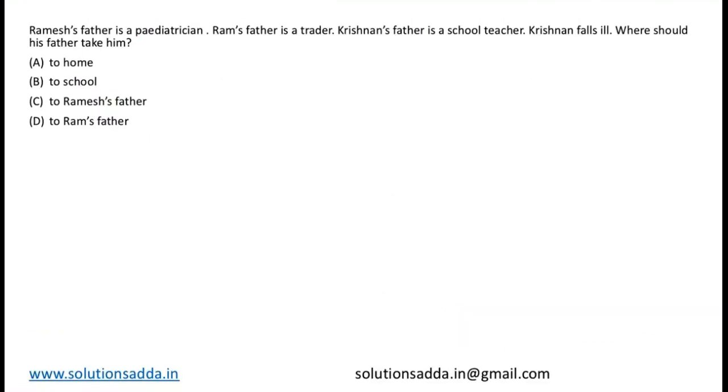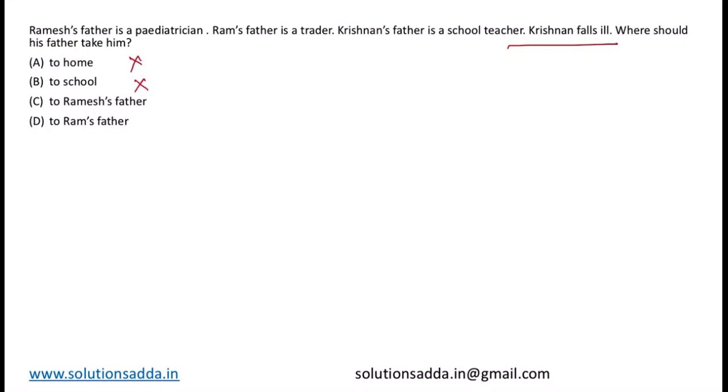So this is a general aptitude question. Ramesh's father is a pediatrician. Ram's father is a trader. Krishnan's father is a school teacher. Krishnan falls ill. Where should his father take him? These questions are kind of bonus questions where it is very easy to score. Here Krishnan is falling ill, and when someone falls ill, we definitely won't take him to home or school.